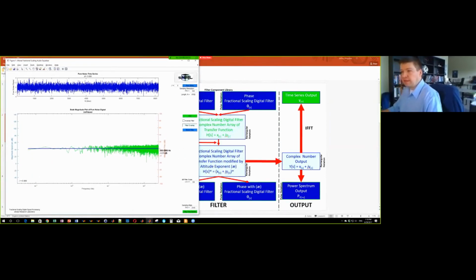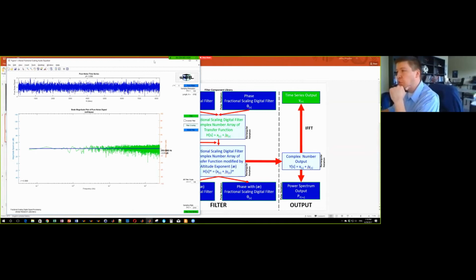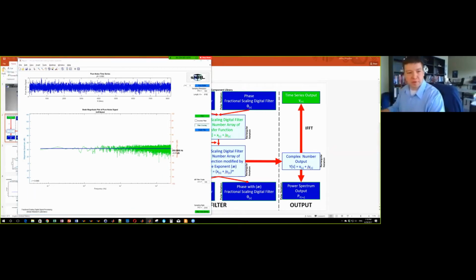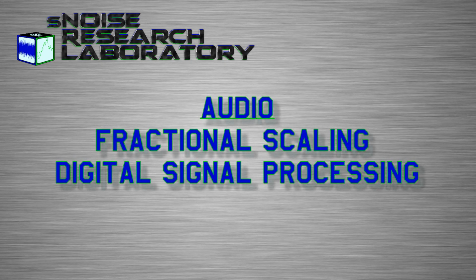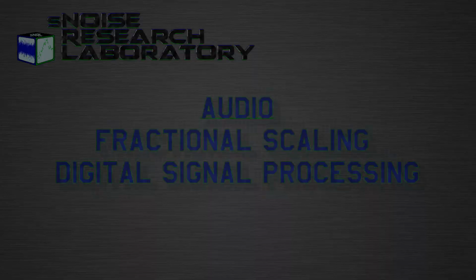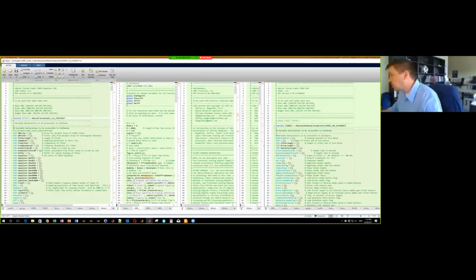So that's basically the approach that I will use now to show how this works in audio. Now I will show a demonstration in audio.